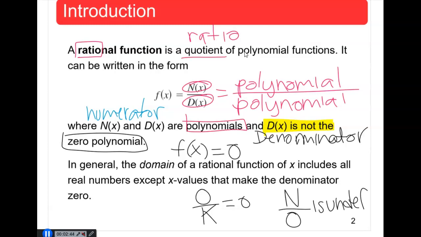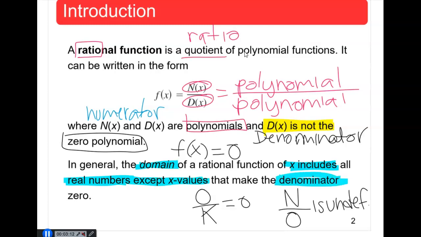So same thing with functions. The denominator cannot be the 0 polynomial. So in general, we have that the domain of a rational function of x includes all the real numbers, except those x values that make the denominator equal 0.